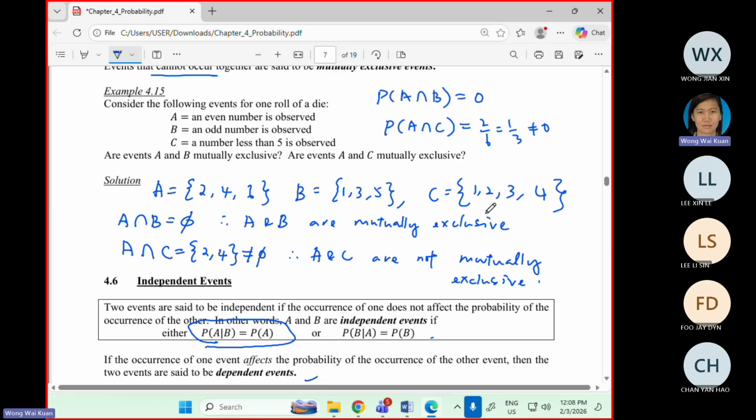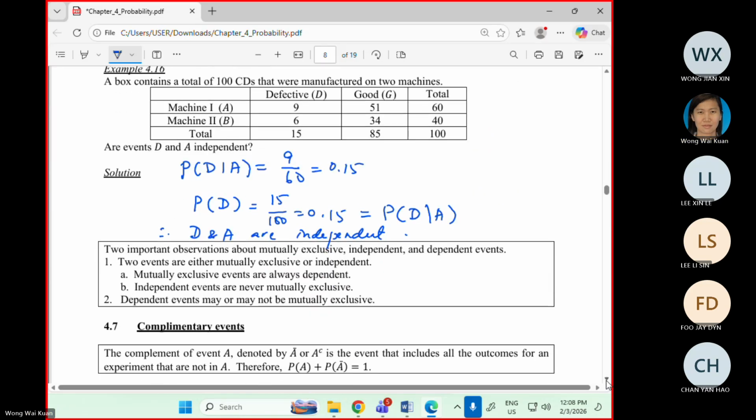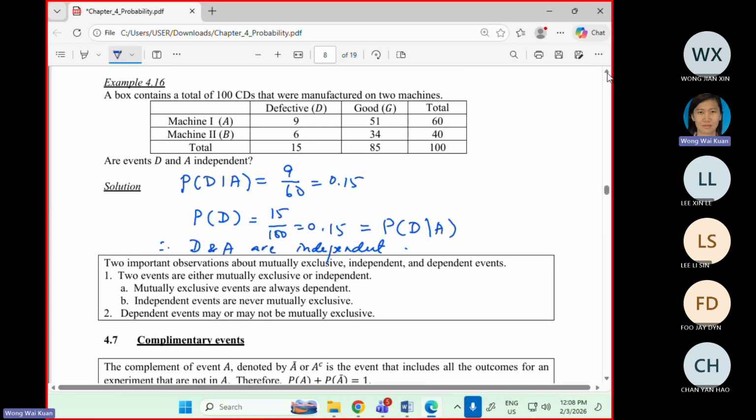Alright? So now, when two events are mutually exclusive, then the probability of A intersect B must be 0.